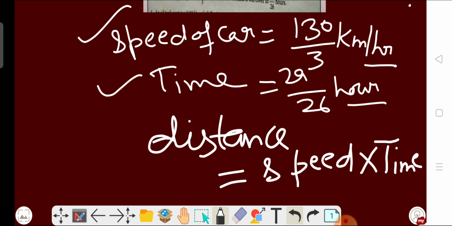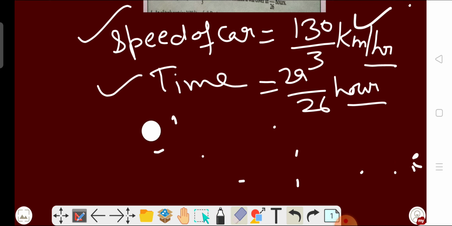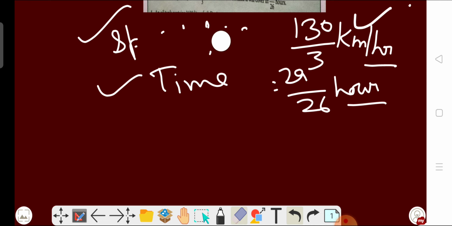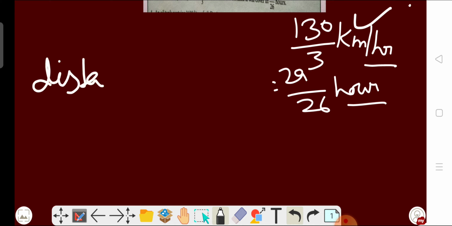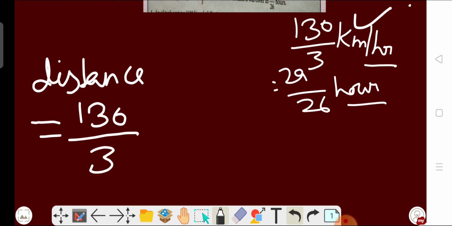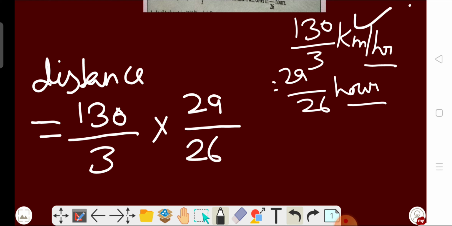So we have to multiply 130/3 by 29/26. The distance is equal to 130/3 multiplied by 29/26.